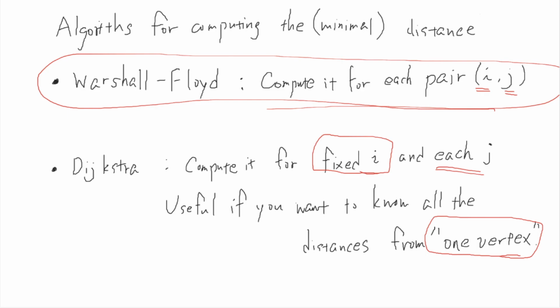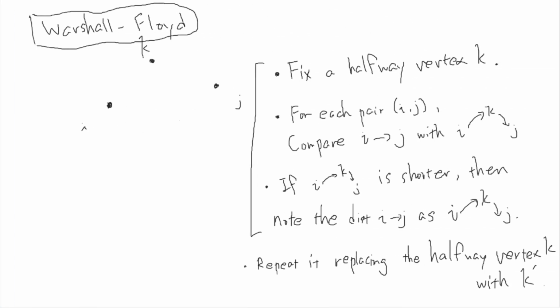So finally, I tell you how the Warshall-Floyd works. If you don't know it at all, I recommend that you Google it and see the code before watching this section. First, fix a halfway vertex k, which means you must pass k halfway down the path.